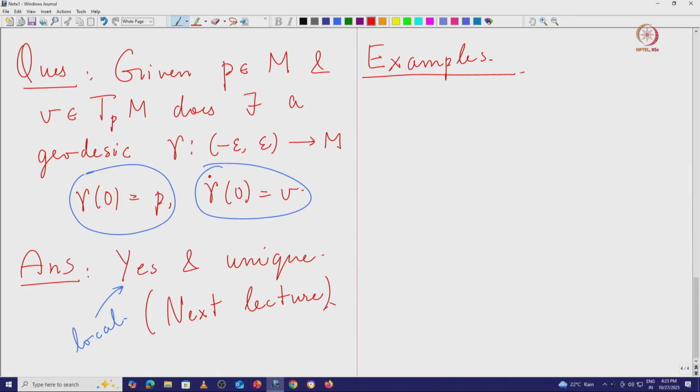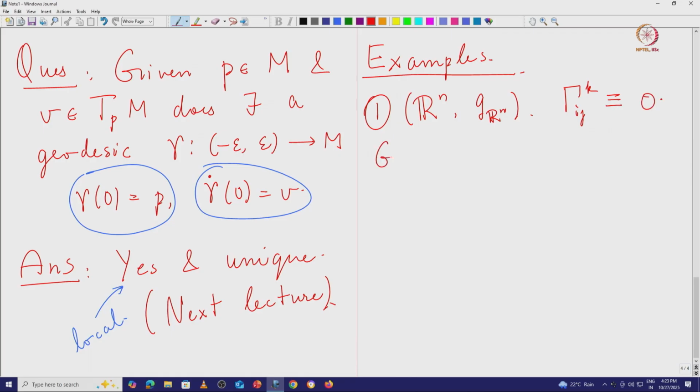Okay, so let us first look at the simplest space, namely geodesics in R^n. So with respect to the standard coordinates, all the Christoffel symbols vanish, right.